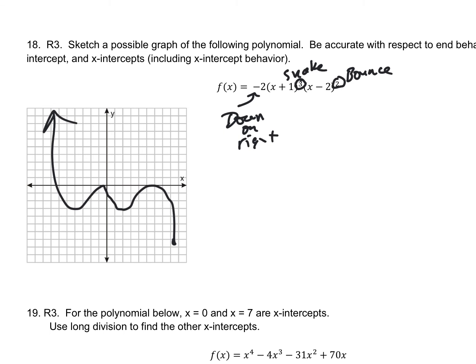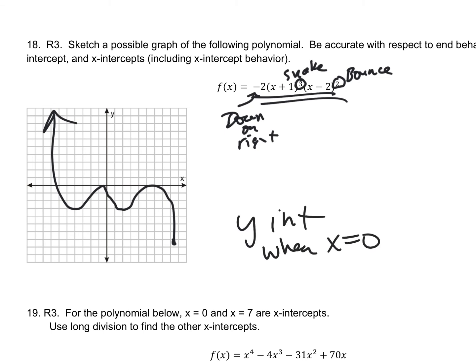Also, wouldn't it be handy if you knew the y-intercept? Finish this sentence for me. Y-intercepts are where, what? Where x equals 0. So you stick in x equals 0 and you could solve for your y-intercept. Doesn't take long, take notes. It took me 15 seconds at most to write that. Y-intercepts when x equals 0.